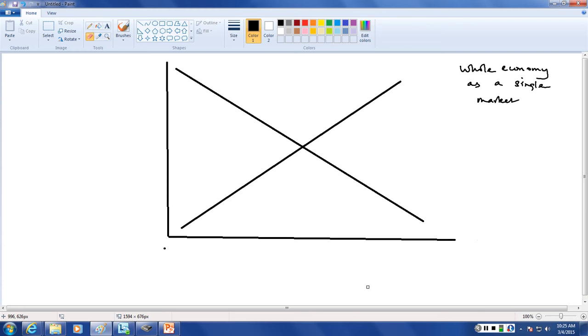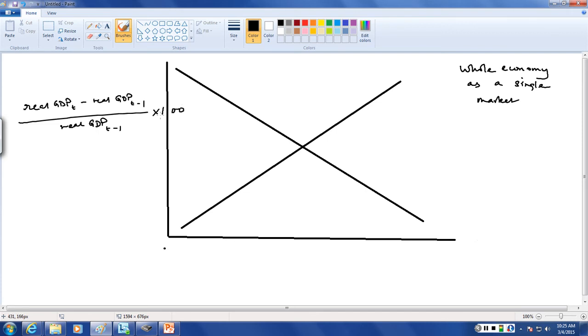Now, isn't percent economic growth the percent change in the value of real GDP? So wouldn't that be real GDP in year t minus real GDP in year t minus 1, divided by real GDP in year t minus 1, times 100?